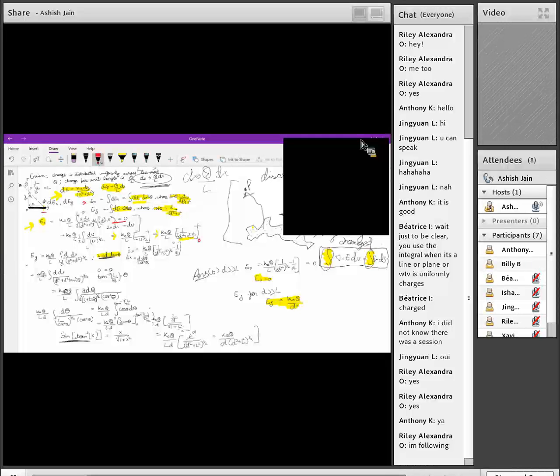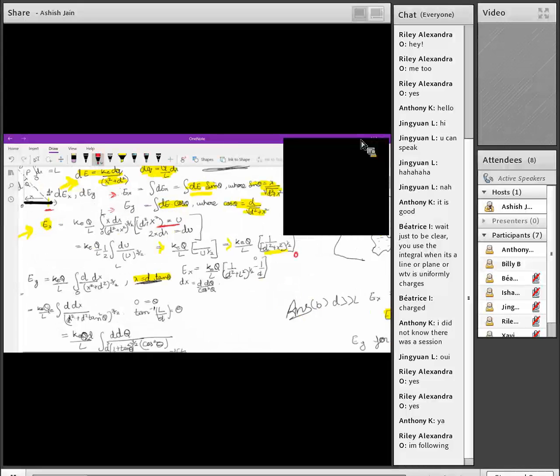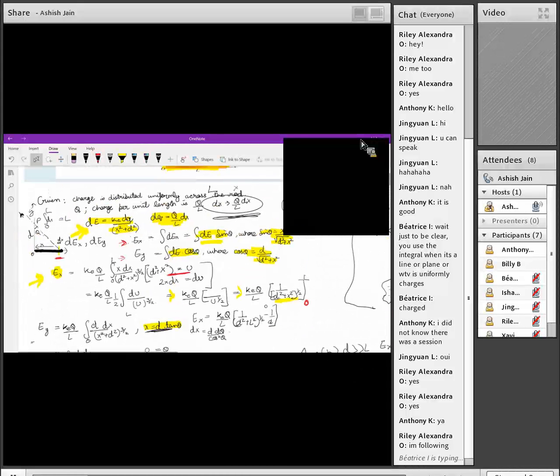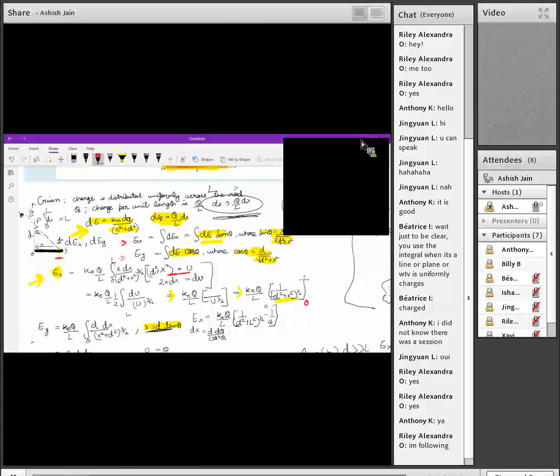It's a fair point. Here, you see this is a dx element in the drawing. So this is a dx element. Now at the point P, you have two components, Ey and Ex, right? This is the total field, and you break it into components, Ey and Ex.